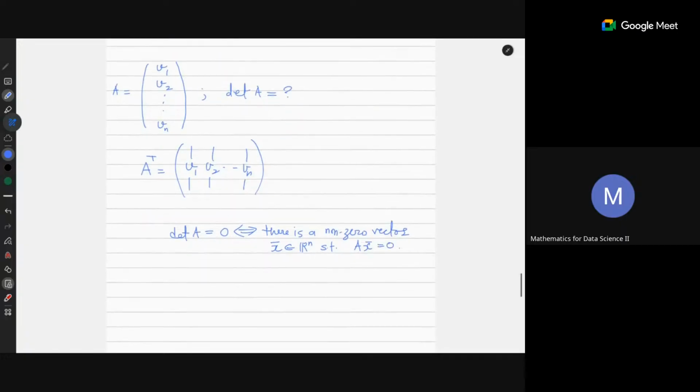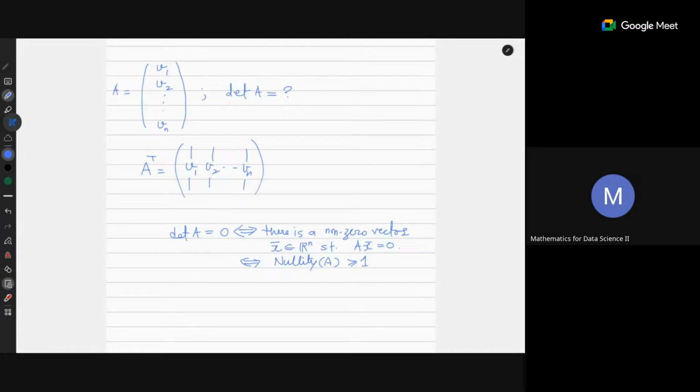Now this is the same as saying that the null space of A is non-trivial, that the nullity of A is more than or equal to 1.